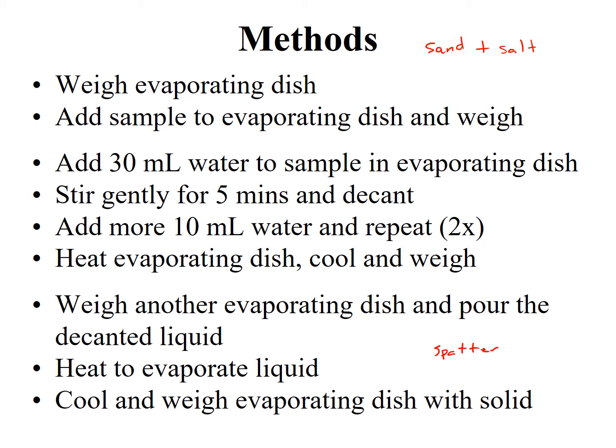Some of the solid component will be lost in the process, because when water is being removed, you're also heating the solid component that is being collected. So the idea is you turn off the heat until all the water is gone, to prevent sputtering, because if you have sputtering, you're going to lose some of the solid component, which will give you an erroneous measurement. You cool it, and then you weigh the evaporating dish with the solid.